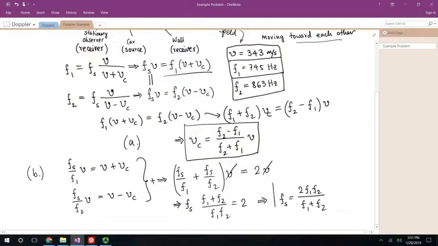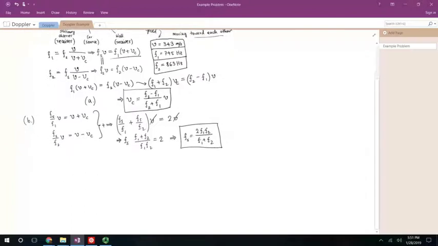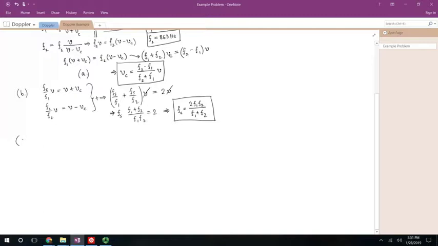And that is, again, my result for the source frequency, or the frequency of the car horn when the car horn is blowing. Again, here we'll leave it as a formula like this, and we're going to work out the numerical result in a later part. Let's carry on, and we move on to part C.